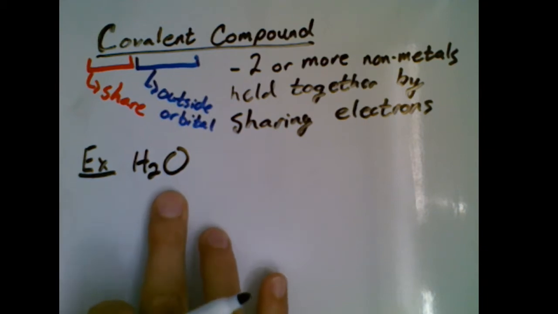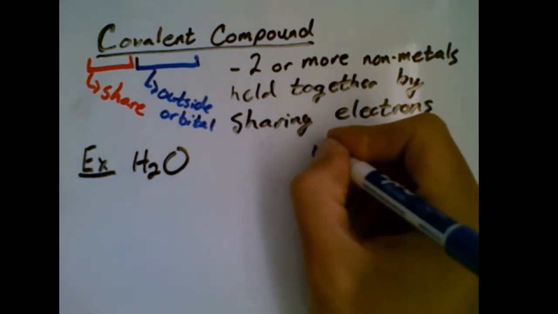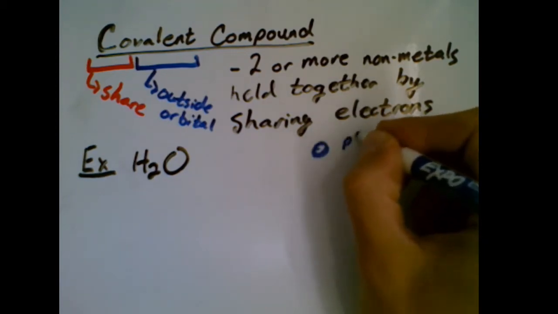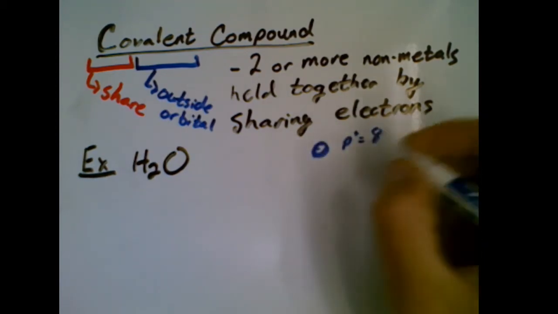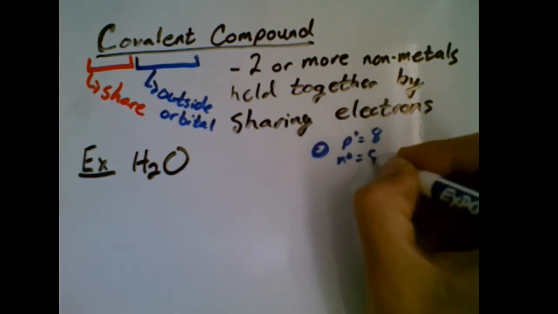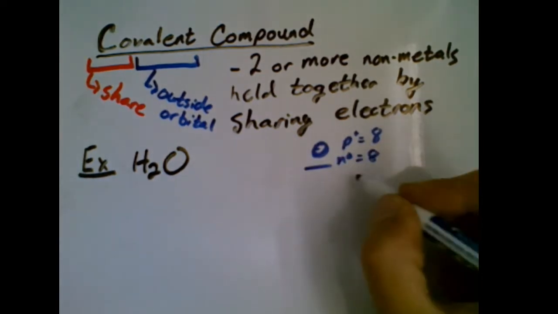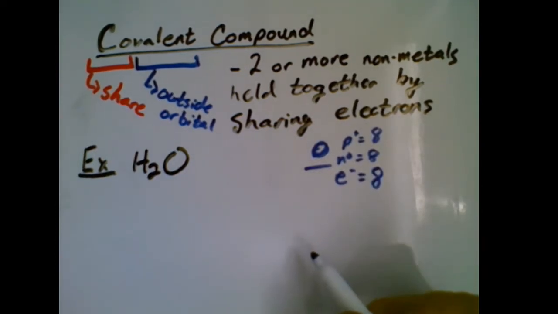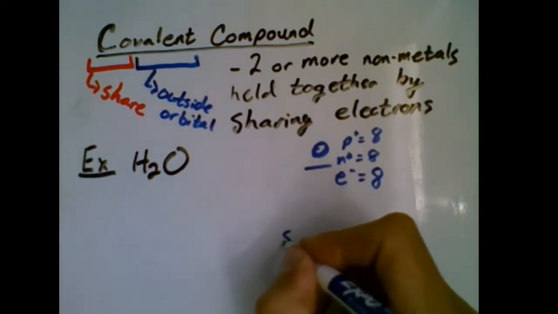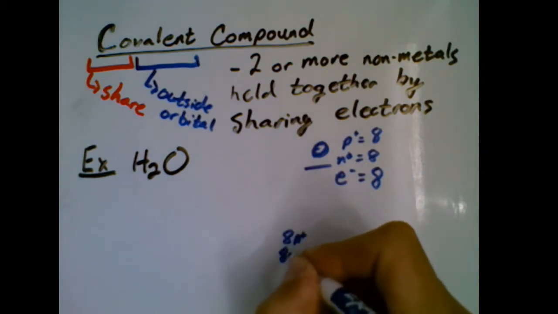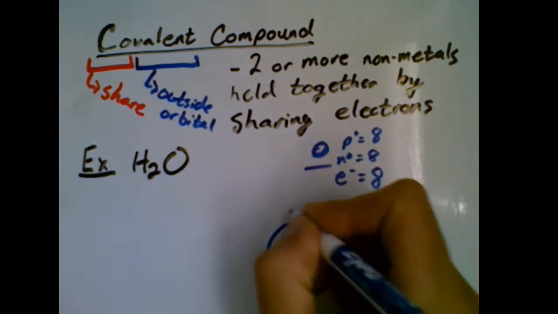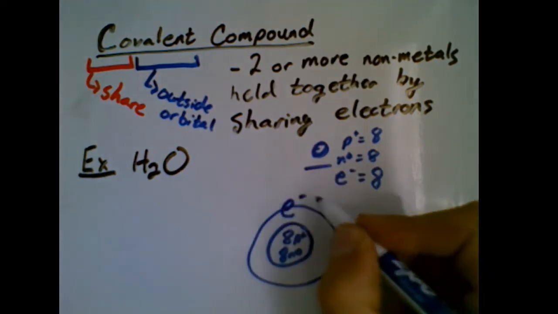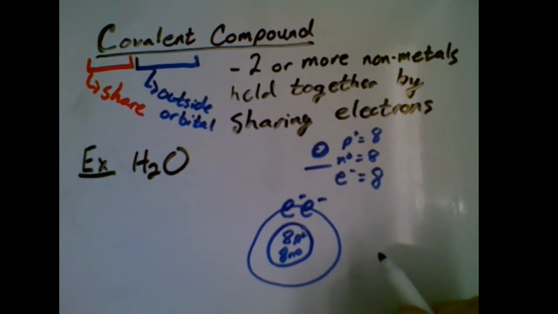To understand how it's held together, let's first take a look at oxygen. Remember, oxygen is going to have 8 protons based on the periodic table, 8 neutrons, and based on the number of protons, it also has 8 electrons. So in the nucleus, we have our 8 protons, our 8 neutrons. Then we are going to have our first orbital, and our first orbital has 1, 2 electrons.